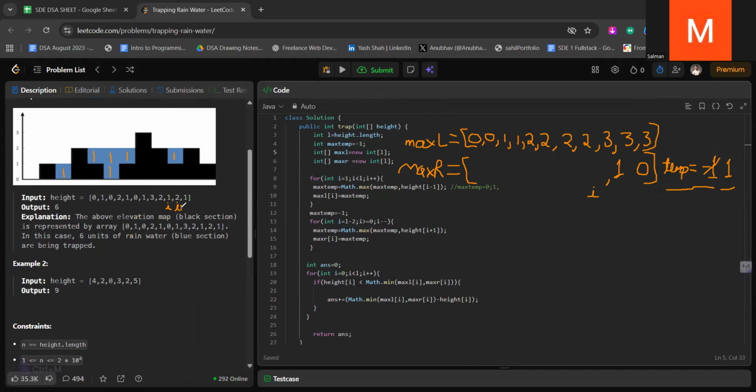So this is I+1, right? The maximum of I+1 and temp, how much is it? It is 2. So this will be written as 2.